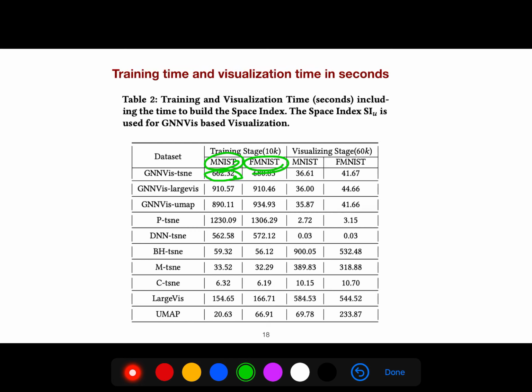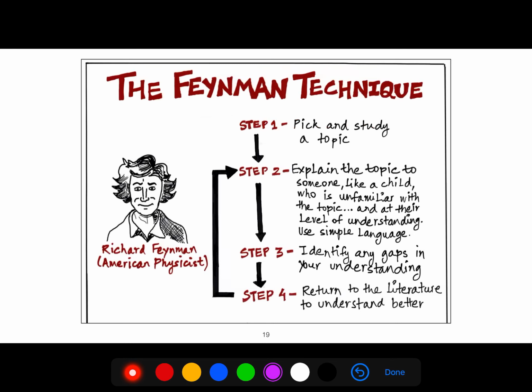But the good thing is that for the visualization stage, it is much smaller than, for example, t-SNE, 36 and 389. So it's quite an improvement for out-of-sample inference and testing time.